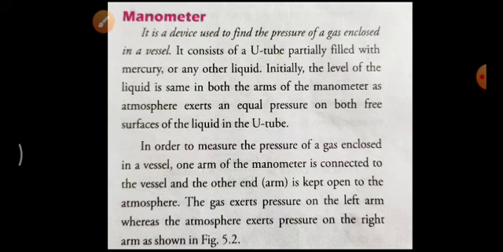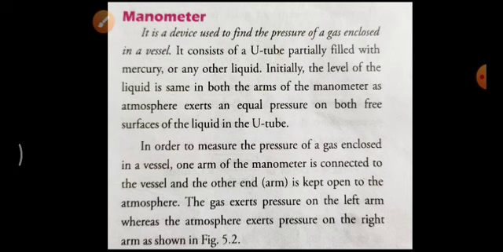It is a device used to find the pressure of a gas enclosed in a vessel. It consists of a U-tube partially filled with mercury or any other liquid. Initially the level of the liquid is the same in both arms of the manometer, because the atmospheric pressure on both the open arms will be equal.